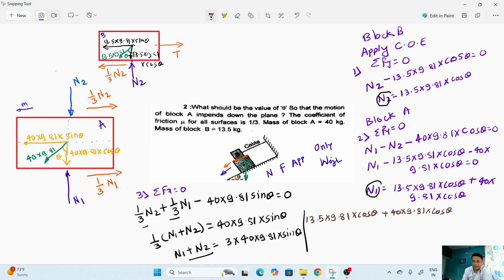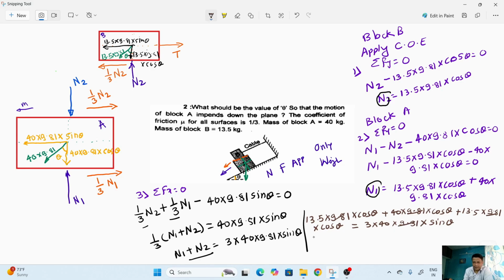This is the value of N1, and the value of N2 is plus 13.5 into 9.81 into cos theta. So it is equal to 3 into 40 into 9.81 into sine theta. Here you can observe that 9.81 is common everywhere, so you can cancel out 9.81 from all the terms, right?